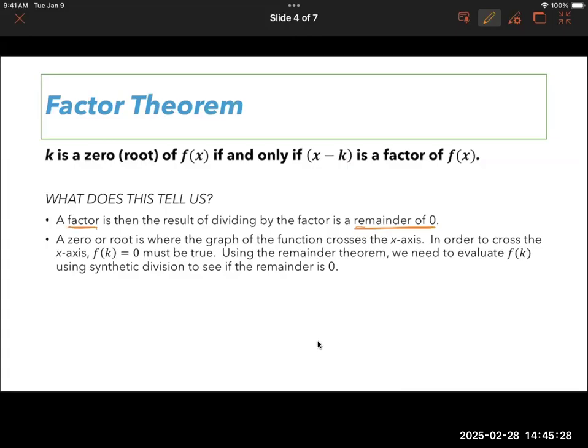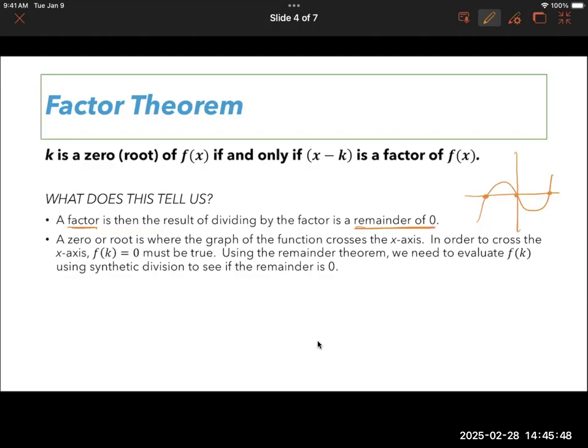Another way to look at this is a 0 or a root is where the graph of the function crosses the x-axis. So if you're looking at a graph and you have a polynomial doing something like this, this has 3 zeros or 3 roots because it's crossing the x-axis 3 times.